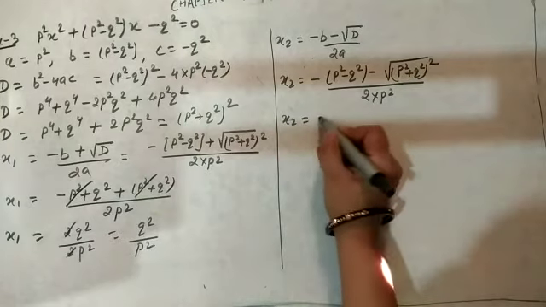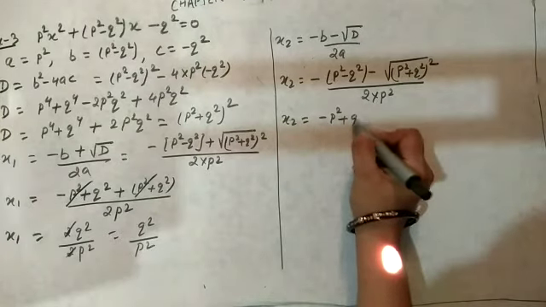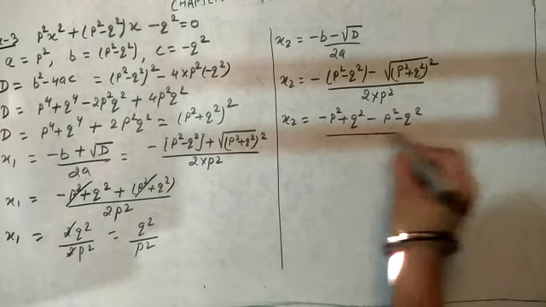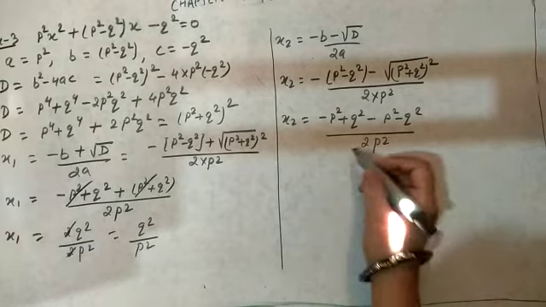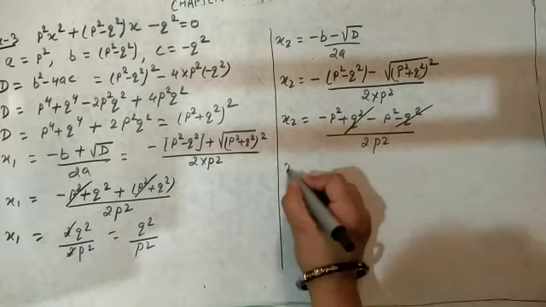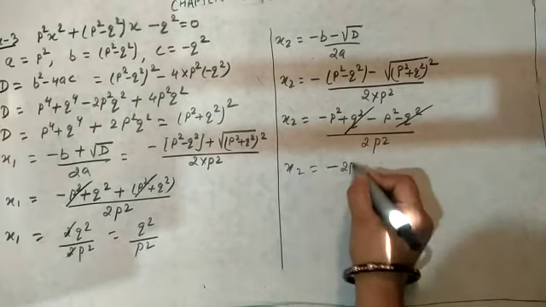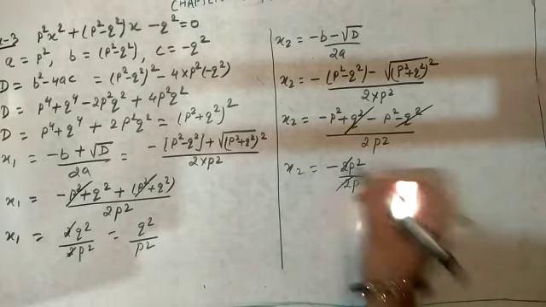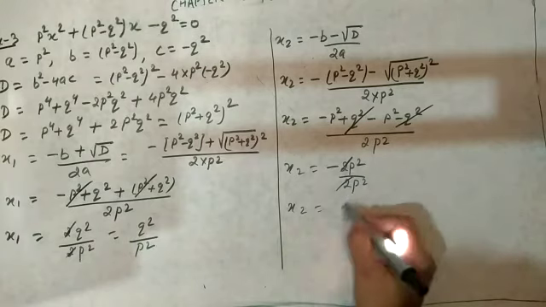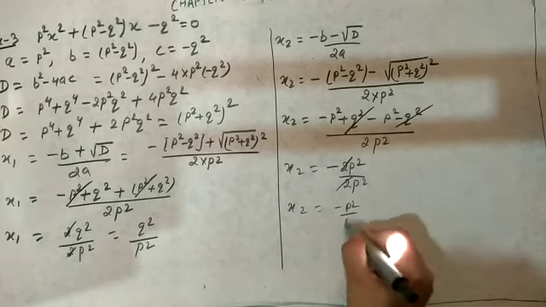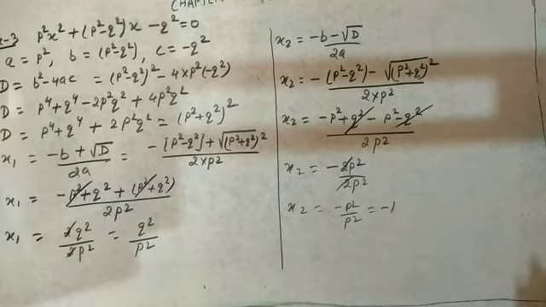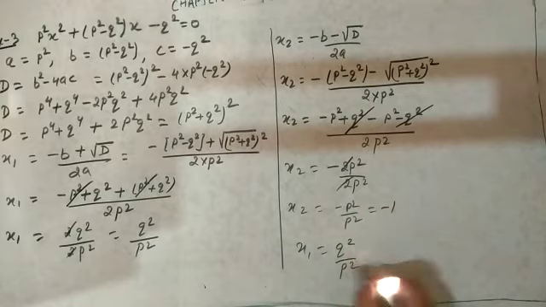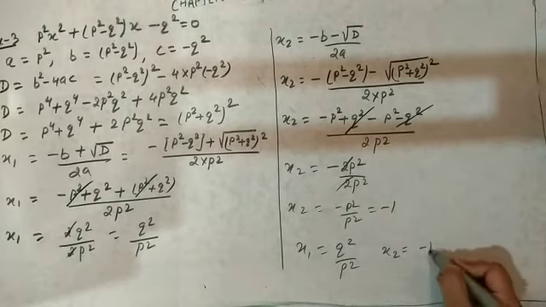So x2 = (−p² + q² − p² − q²) / 2p². This q² cancelled out. x2 = −2p² / 2p². The 2 cancels. x2 = −p²/p², which equals −1. So the x1 value is q²/p² and the x2 value is −1.